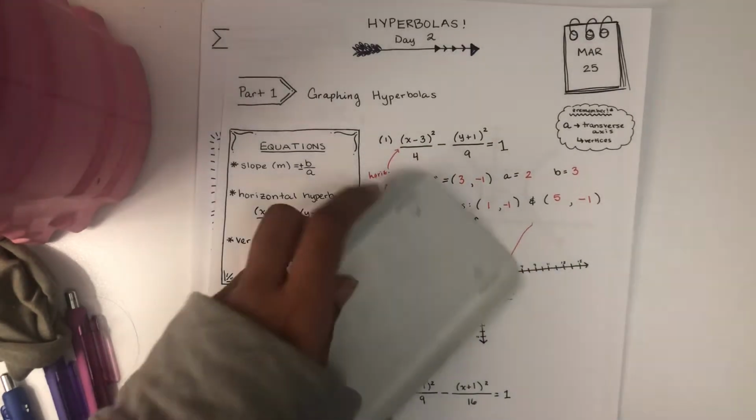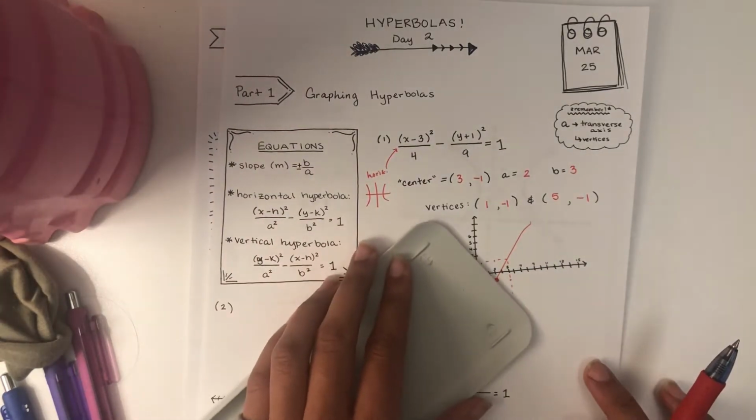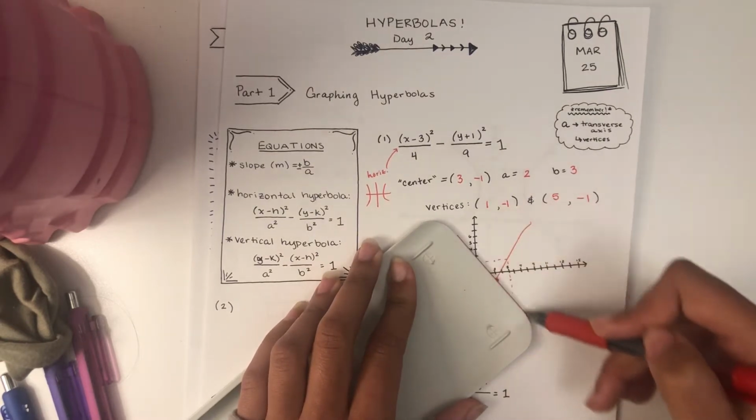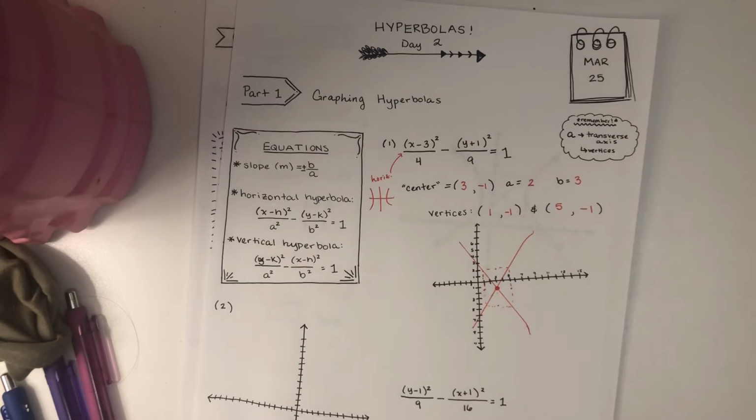So that's one asymptote. It's another asymptote. And maybe using a different color pen, you would like to finish off graphing.